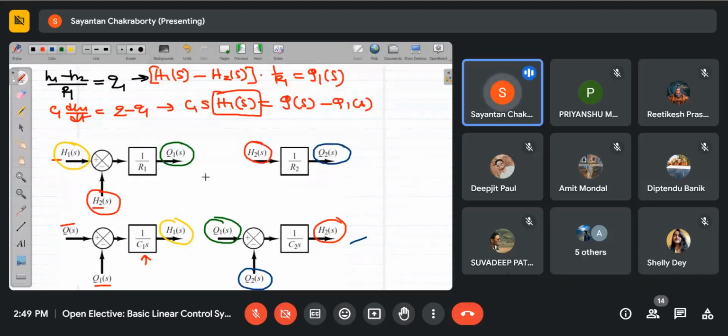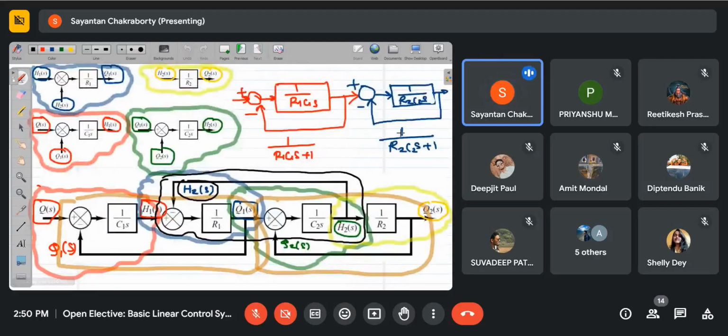And Q1 is again taken back and fed back to this. And the input is Q and Q2 is the output. I've just written all the relevant equations in block diagram form. Now just joining these respective variables in order, we'll find a block diagram like this.